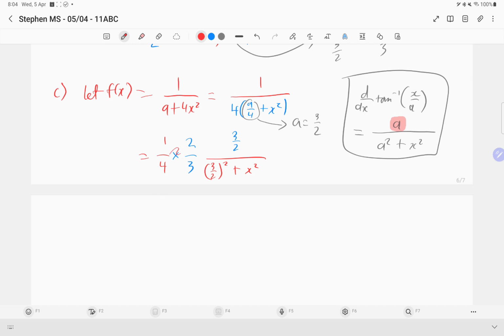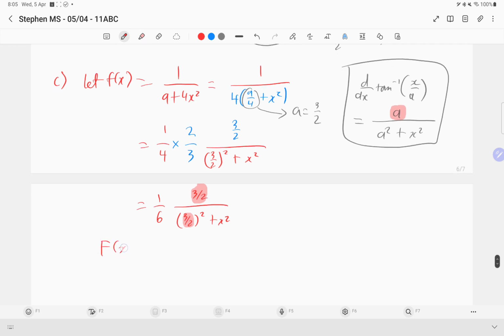So then that would be 2, 4 cancel out, right? So that would just be 1 on 6 times 3 on 2 over 3 on 2 squared plus x squared. Now that's in the form of a over a squared plus x squared. So then an antiderivative would be, now you've got a constant factor, it's just that.